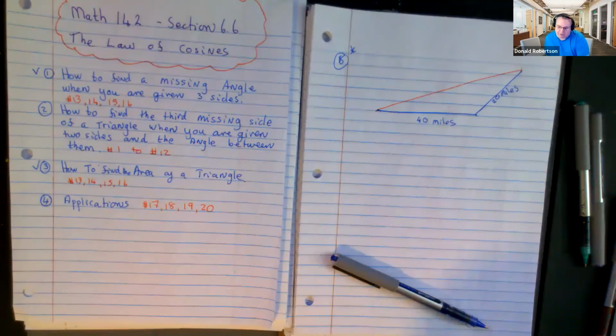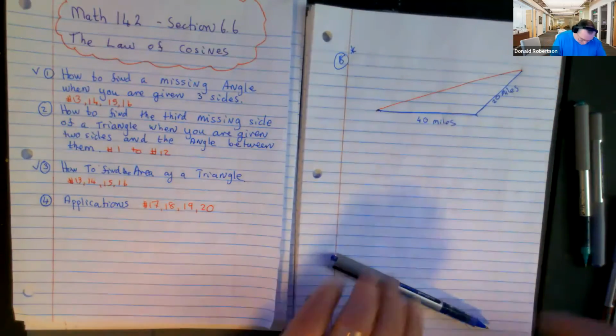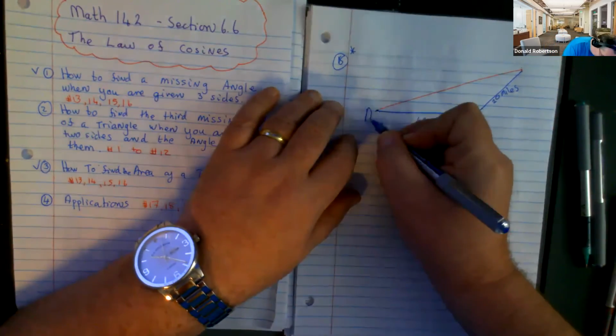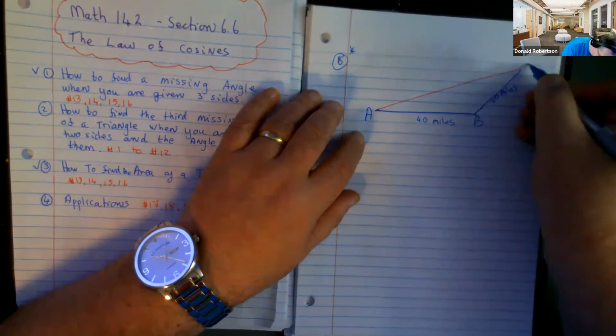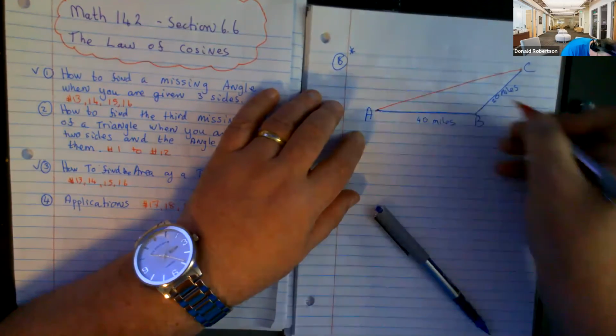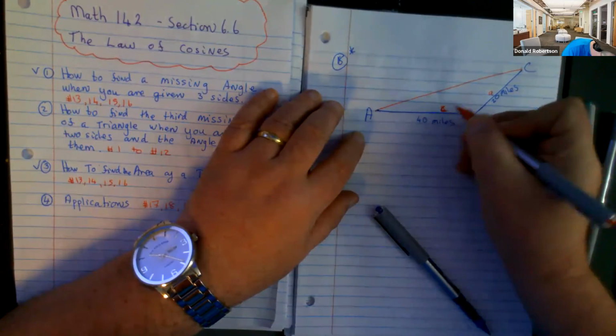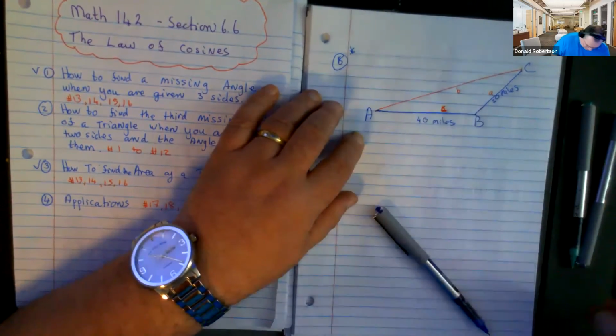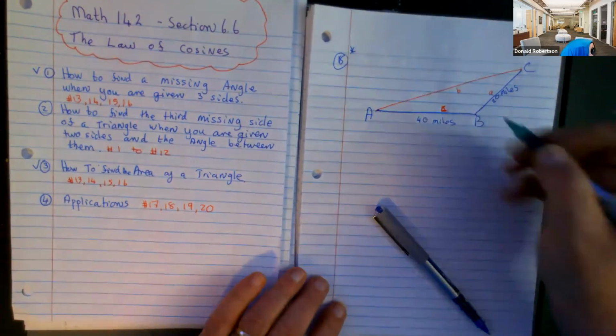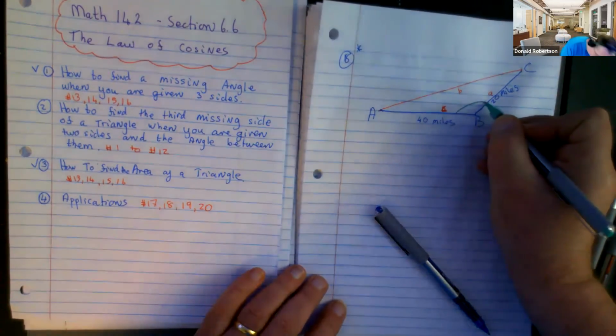Now, it might look like we're missing stuff, and we are. We need to find one more thing before we can solve this question. I'll call this little a, call this little c, call this little b. The thing that's missing is that angle.